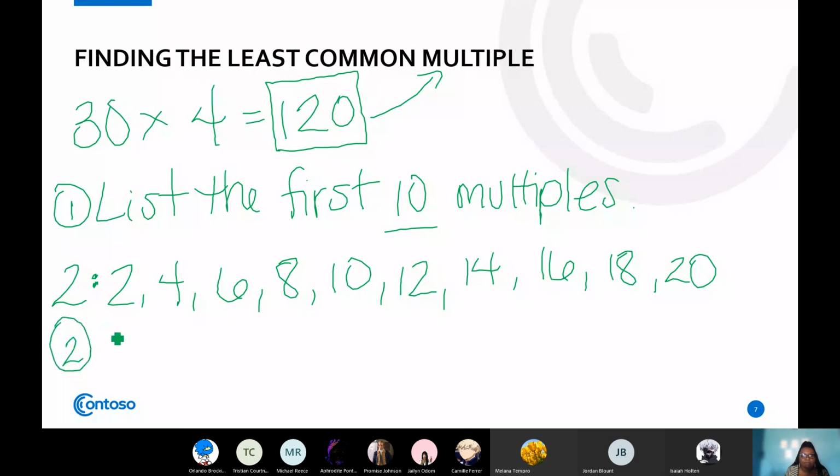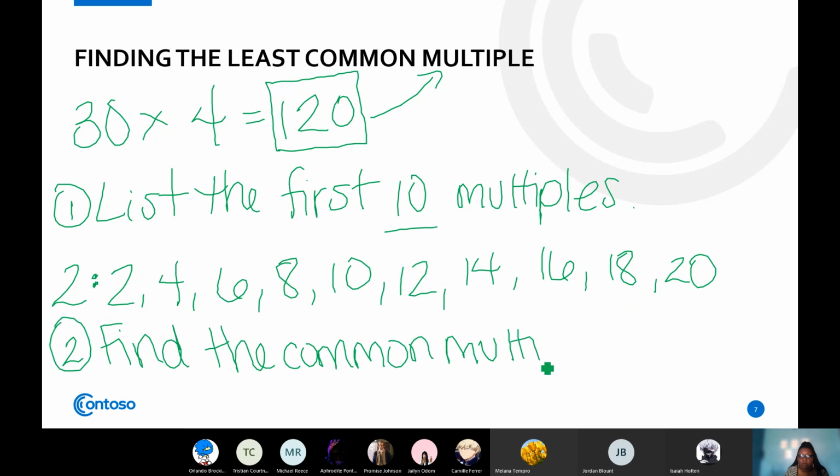My second step is to find the shared or common multiples. So let's say I'm looking to find the least common multiple for 2 and 3. What I do here is I would list my multiples of 3.